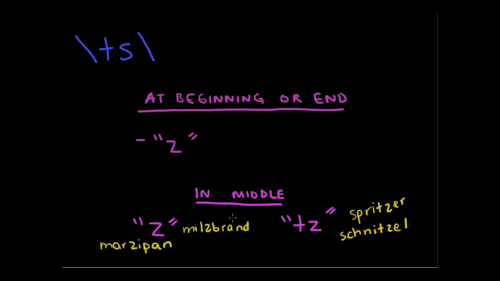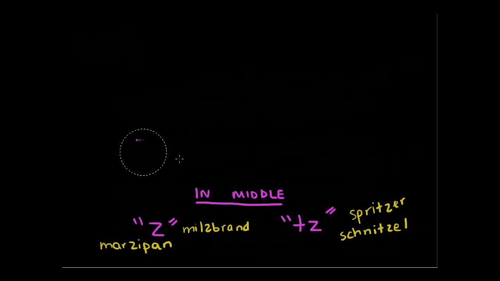But really there's no set-in-stone rule that says which one it's going to be. So again, you just have to learn those. But if it's at the beginning or the end, you can be sure it's going to be a Z for the TS sound. And again, this sound is very common in German. So yes, you will see it a lot.